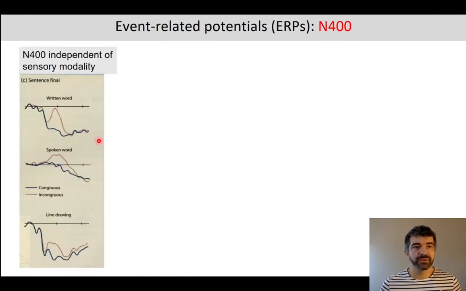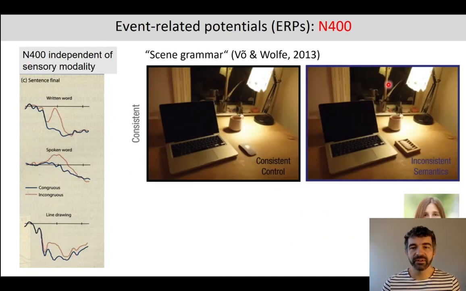The N400 is also independent of sensory modality, so it doesn't matter if you read it on the screen like we did in our example here, if it's spoken to you, somebody reads it out, or if it's a line drawing, like a picture. This is also illustrated by some work that Melissa Vo was doing. She calls this scene grammar. So when you see this scene where a mouse is at the right place, for right-handers, I guess, on the right side of the laptop.